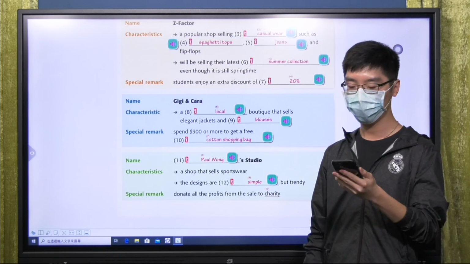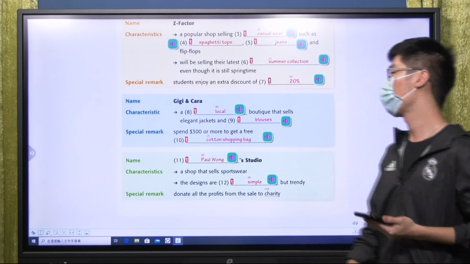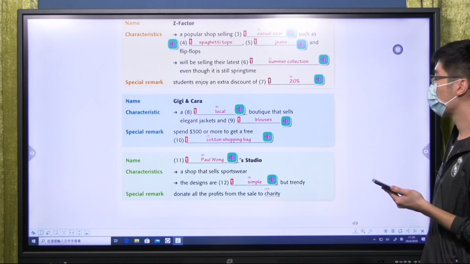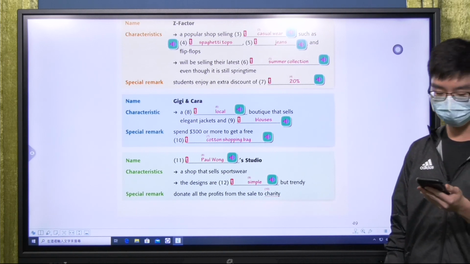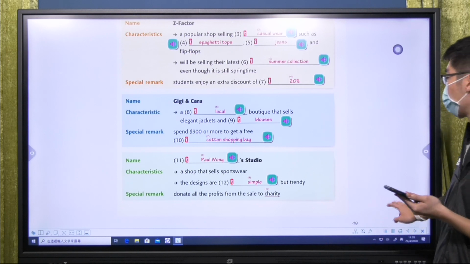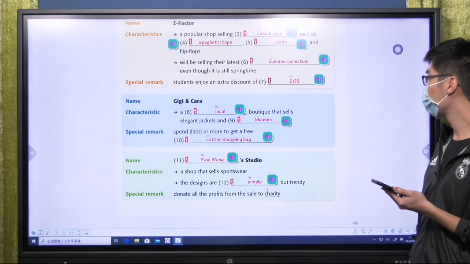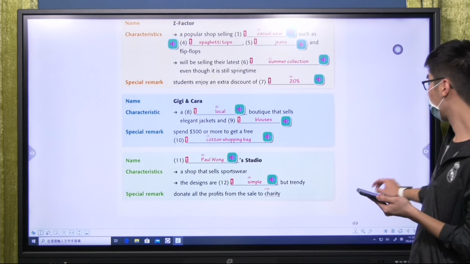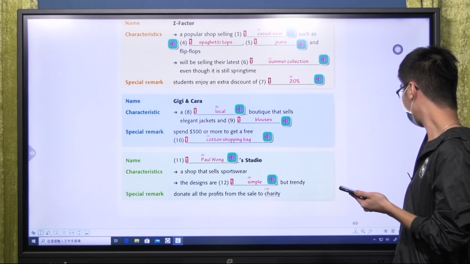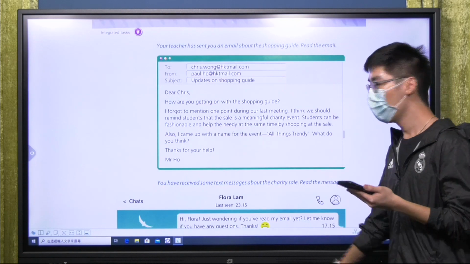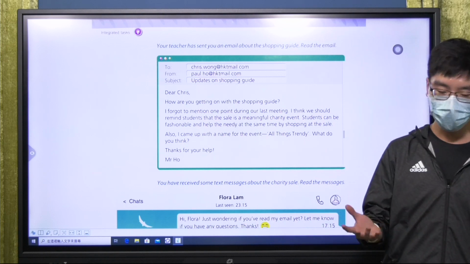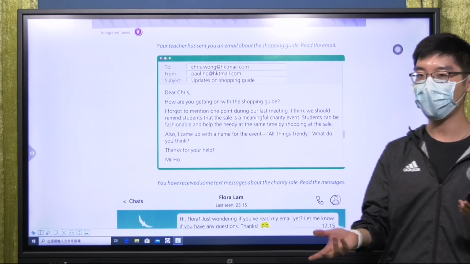So I give you 30 seconds more to copy down the answer, okay? Okay, so besides we have jotted down the notes for the part B and notes taken down, okay?